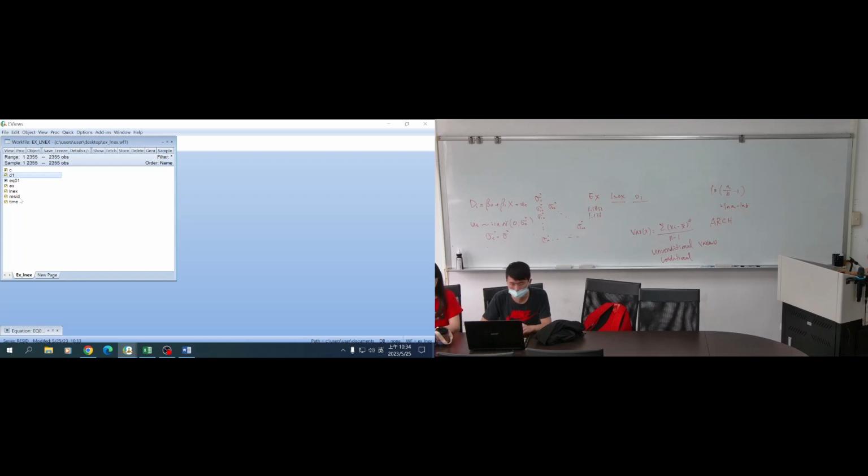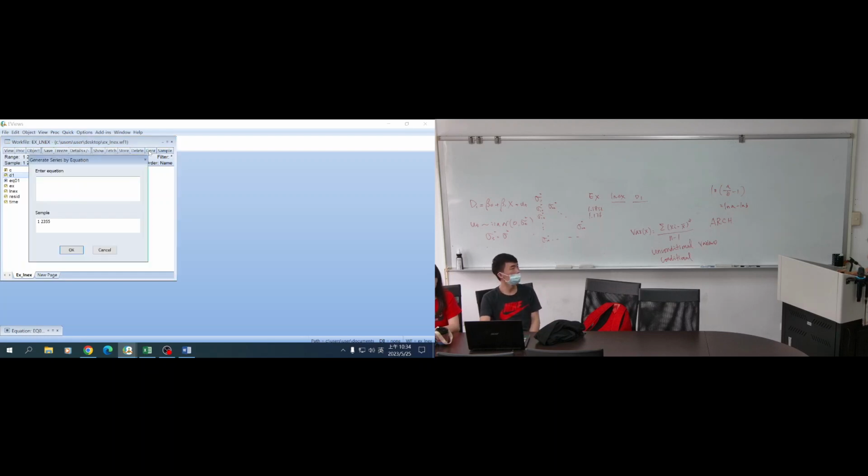Using the model I just ran, and I will name it, generate square hat, is the RESID squared.